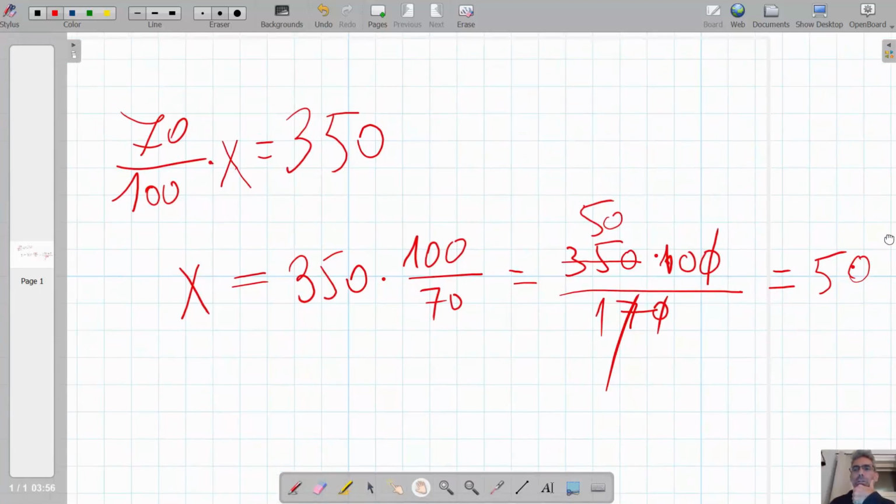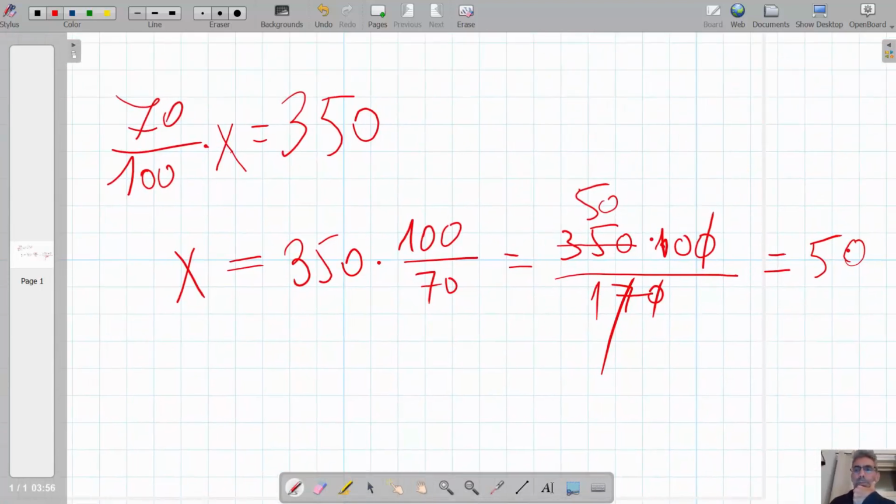It's 500, not 50. Okay, sorry. Because it's 50 times 10, not 50 times 1. It's 500. And why did I stop? Because 50 is not reasonable.